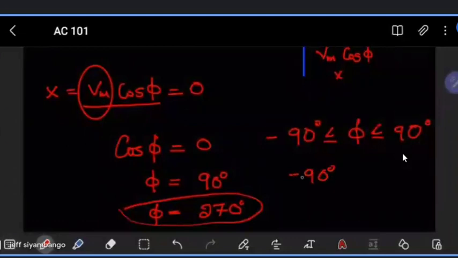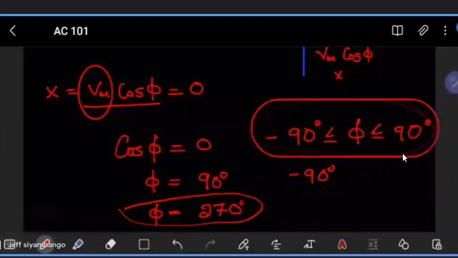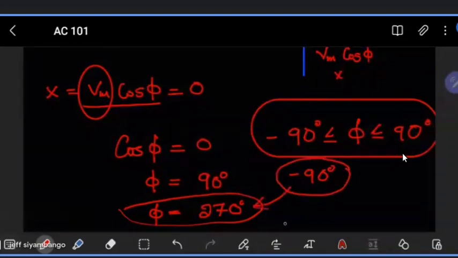So just take note of the range that you're working with. Because if the range is this one, then 270 is not even an option. It has to be negative 90, and we have seen that negative 90 is actually the same as 270.